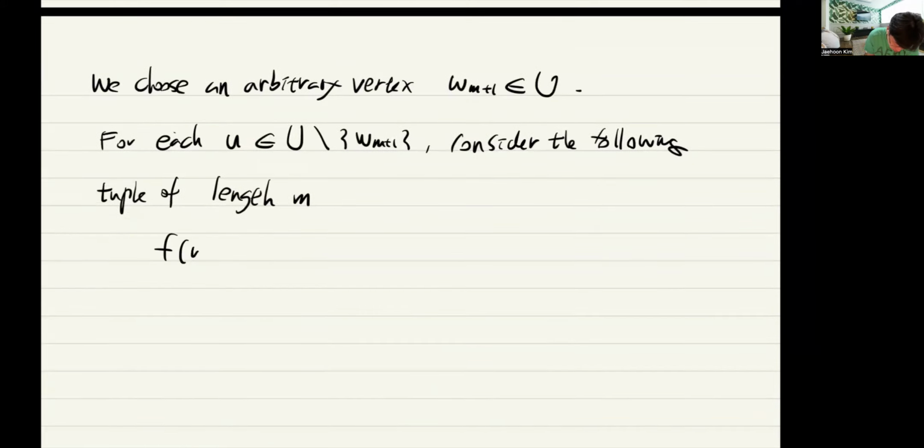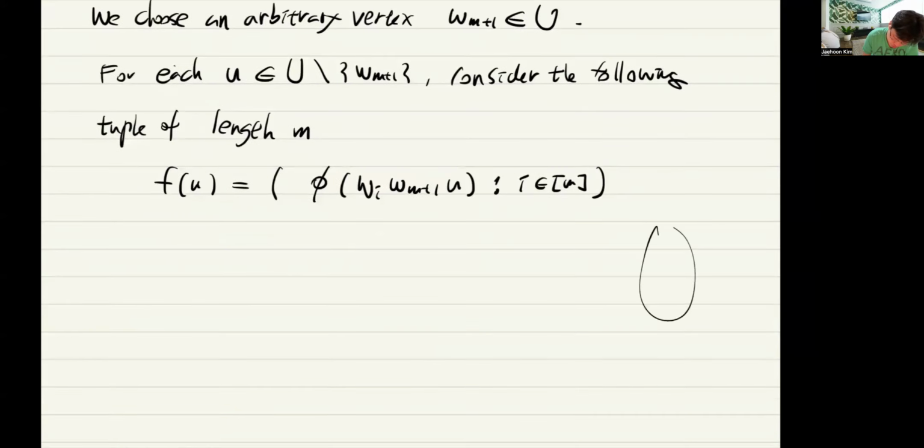We consider f of u as the color of w_i, w_{m+1}, u. So you consider this set of size 3, this hyperedge, then you consider its coloring for each i.